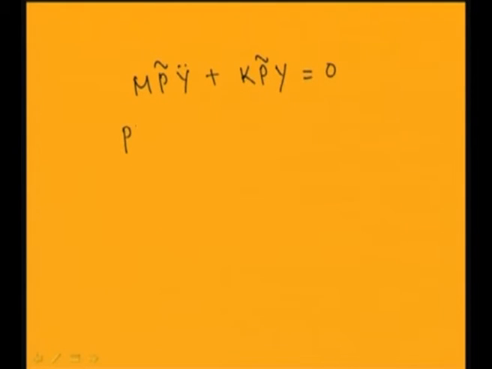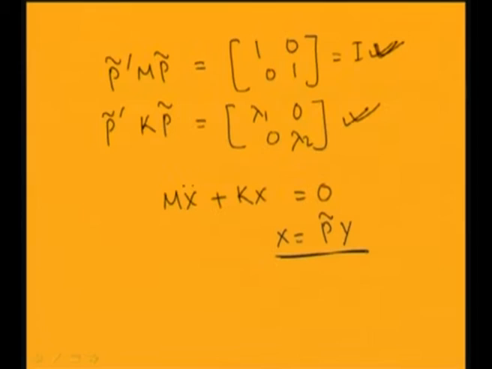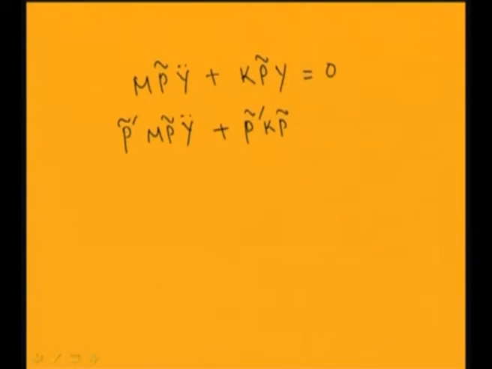Now pre-multiplying this by P transpose, we get P transpose M P y double dot plus P transpose K P y equals 0. Already you know that P transpose M P is the identity matrix. So I y double dot plus the lambda matrix times y equals 0.